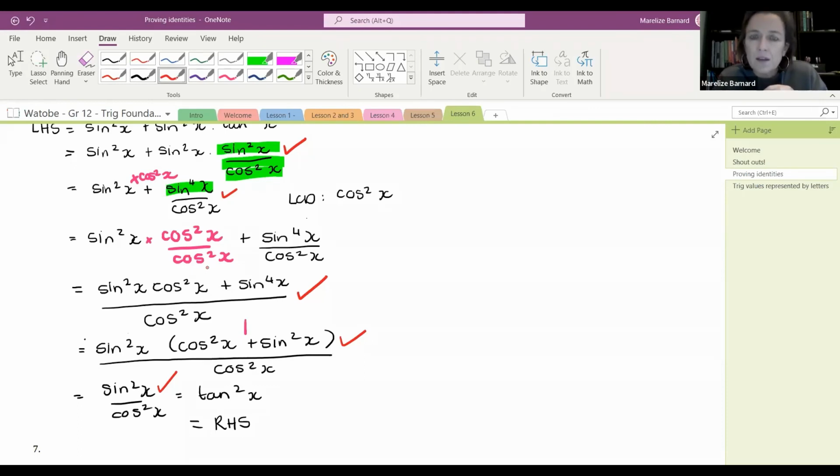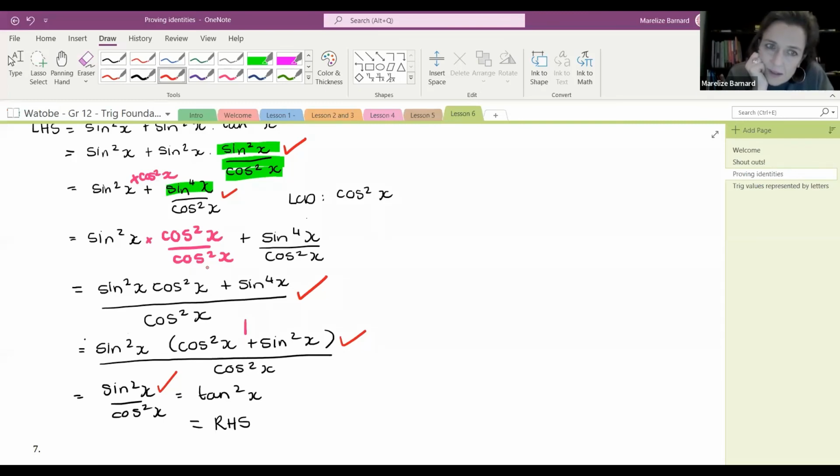Ma'am, I wanted to ask for the brackets cos squared x plus sin squared x, isn't it removing the common factor, or is it just turned into one as an identity? Sorry, just repeat your question. I wasn't sure I understood. For the second to last, the one where we have the brackets, aren't we removing the common factors? Yes. So it can be both.